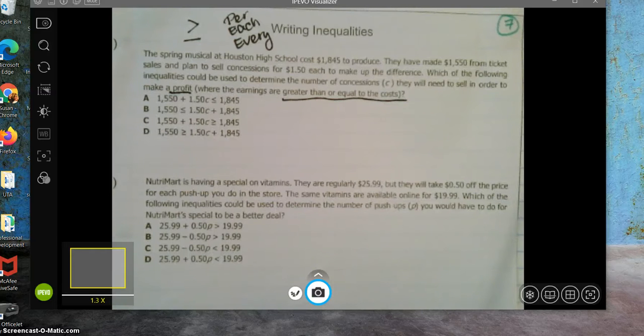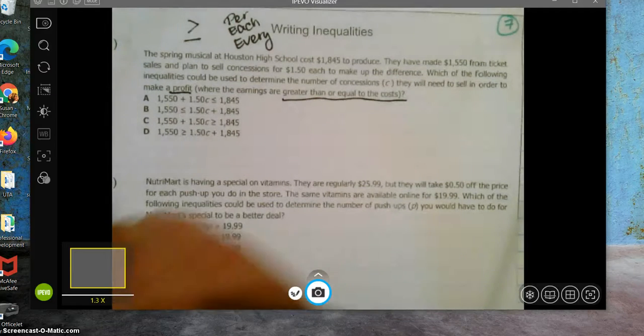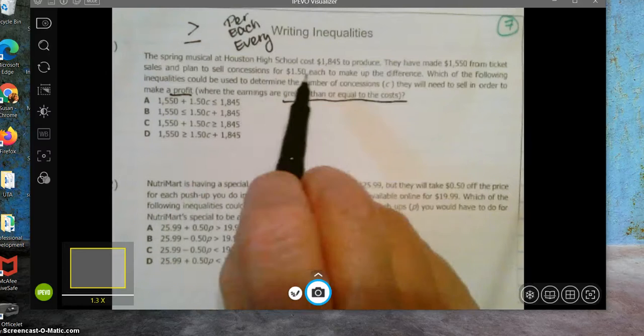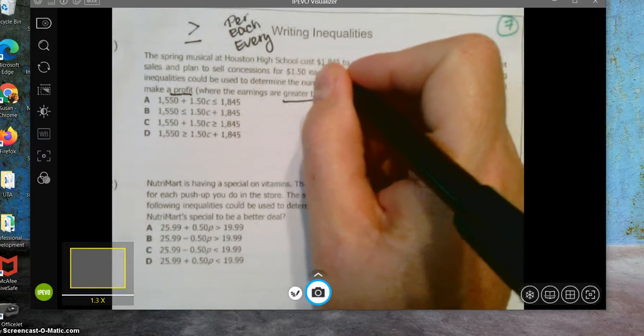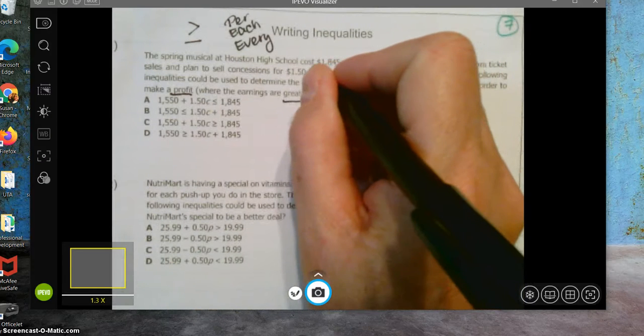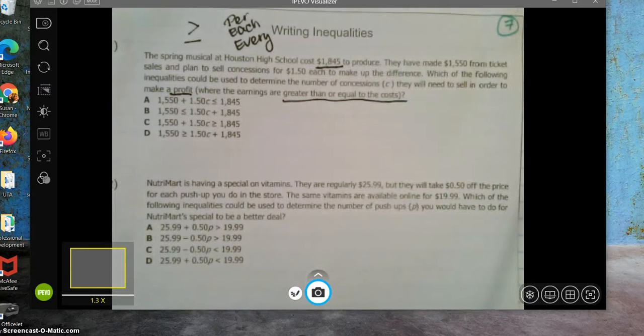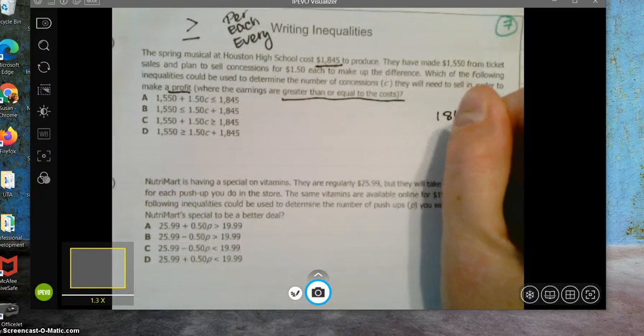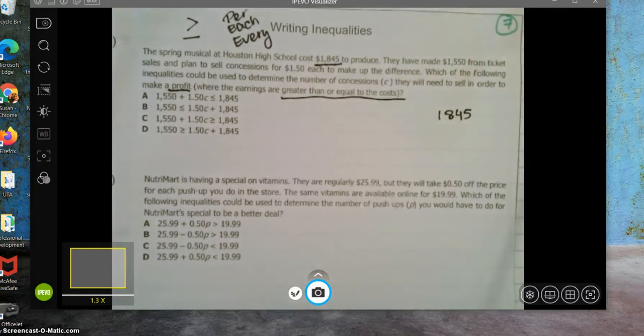So, first of all, let's look back at some important stuff. The spring musical at Houston High School cost $1,845 to produce. So to me, that's the end point. That's how much it costs altogether. Okay?